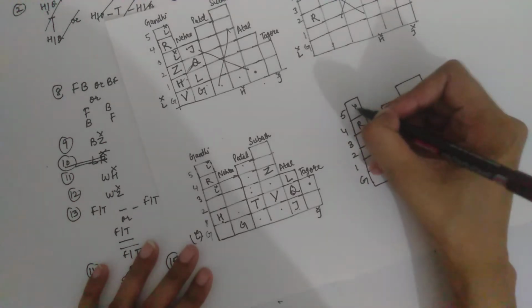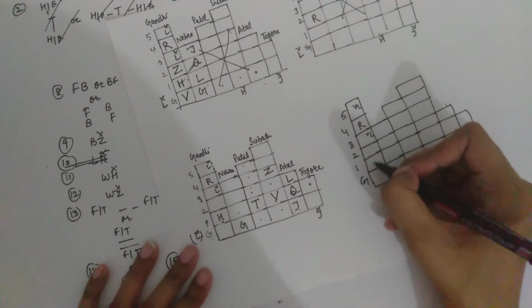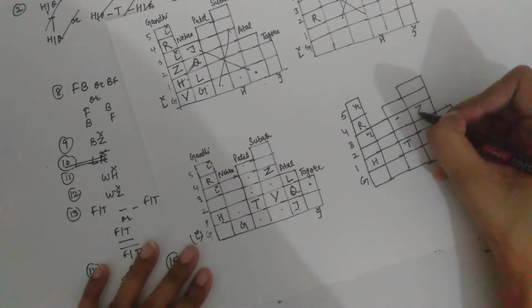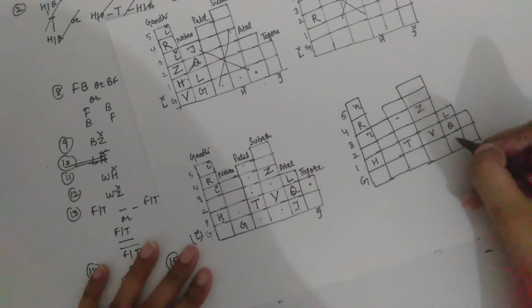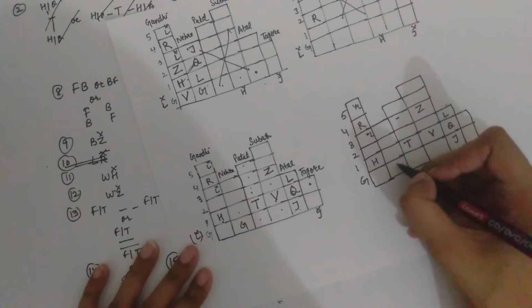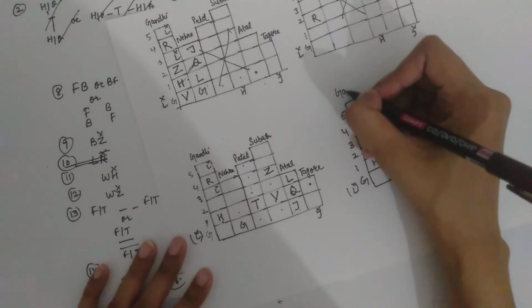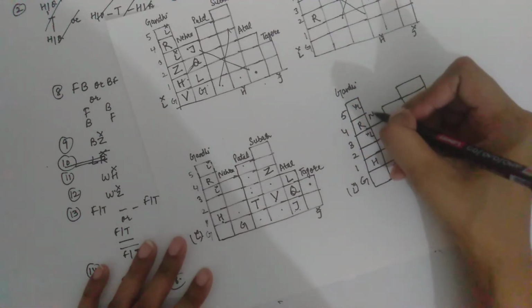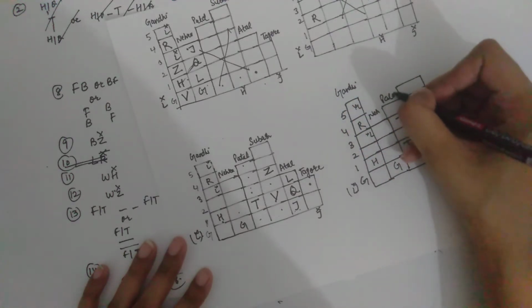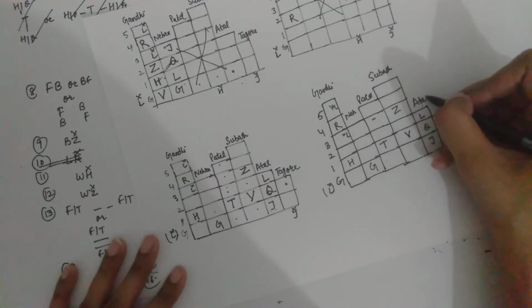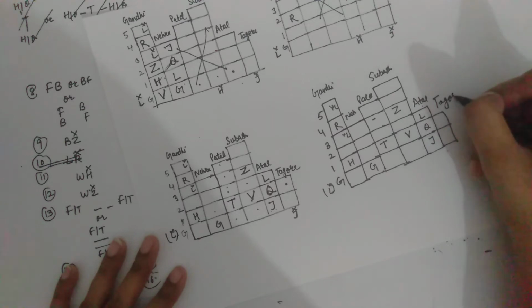Here it is R, L will not come here, H, T, V, this is Z, L, Q, J, this is G. This was Gandhi apartment, Nehru apartment, Patel, Subhash, Atal and Tagore.